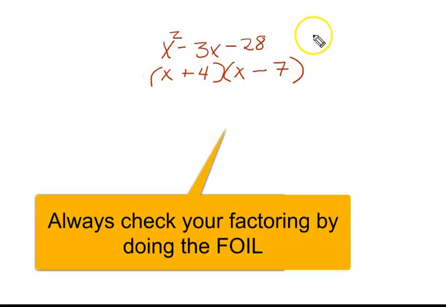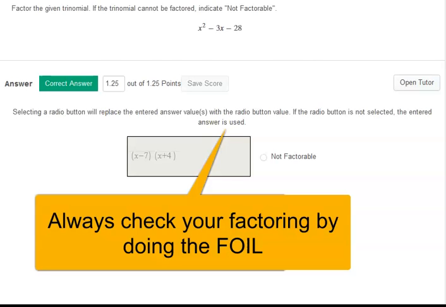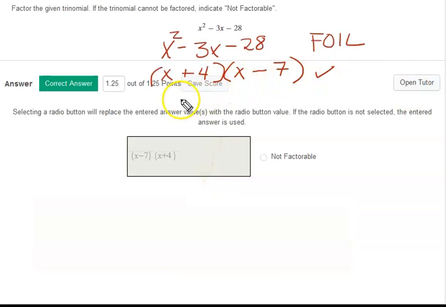So when you checked it by the FOIL, it checks out. And let's take a look. And let's get our answers back here. All right, now you could have the x minus 7 first and then this, but this is perfectly acceptable. All right, let's go on.